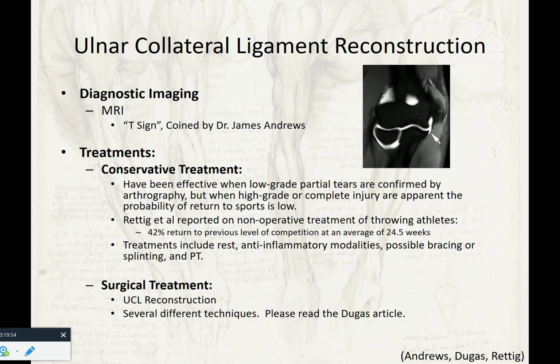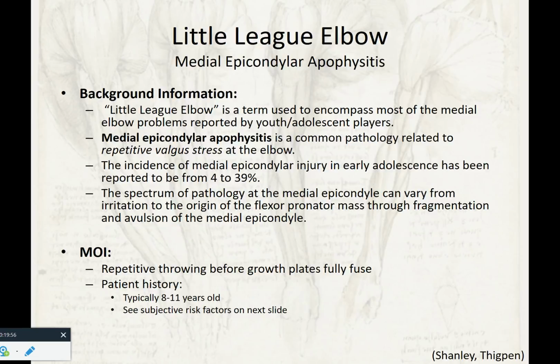Little league elbow, also known as medial epicondylar apophysitis, is a term used to encompass most of the medial elbow problems reported by youth and adolescent athletes. Medial epicondylar apophysitis is a common pathology related to repetitive valgus stress at the elbow in youth throwers.